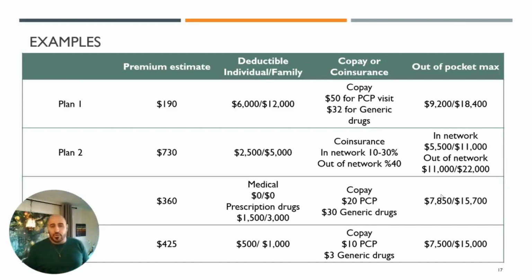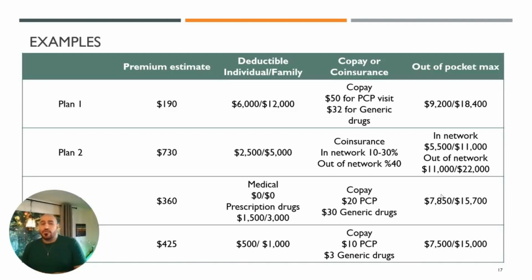The deductible for that plan is 6,000 for an individual and 12,000 for the family, which is outrageous. You get to pay $6,000 before the insurance even covers anything, right? If I'm a healthy person, would that be easy or not for me?